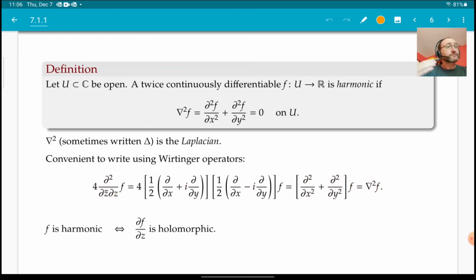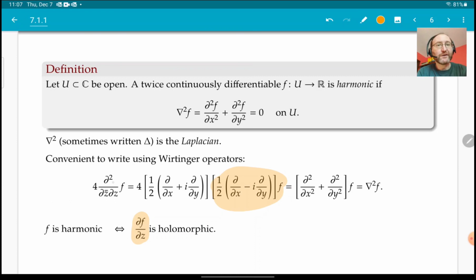So what does this say? This says that f is harmonic if the z derivative of f is holomorphic. And by this I mean the Wirtinger derivative of f, the z derivative. So really, I'm looking at this function over here.